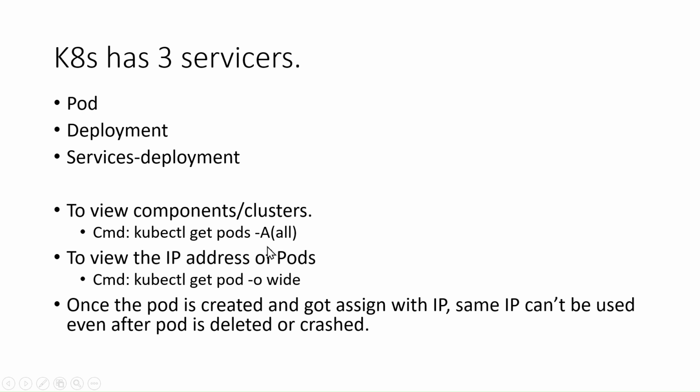If we have different pods, we pass kubectl get pods -o wide for the IP, and -A for all available clusters. If you want to see what pods are created and running, you just pass the command kubectl get pods -A.